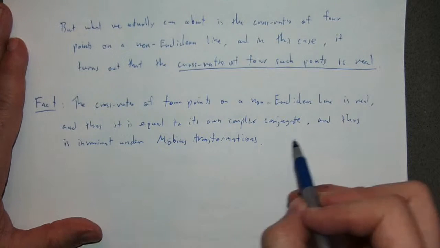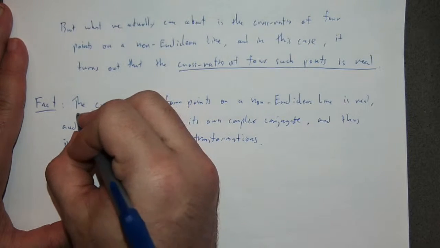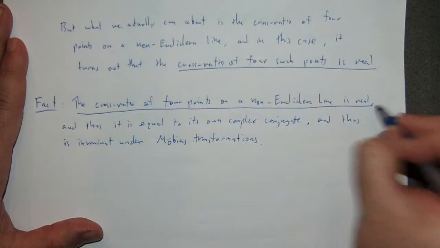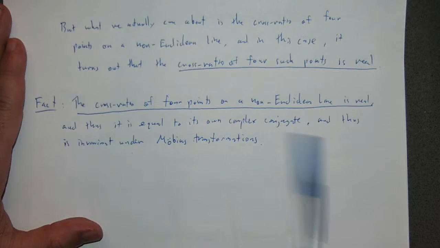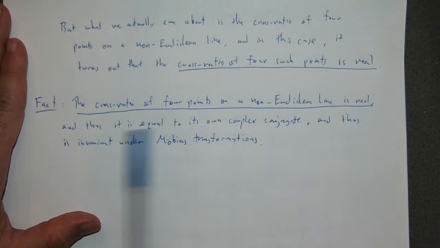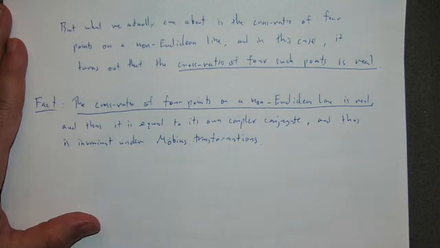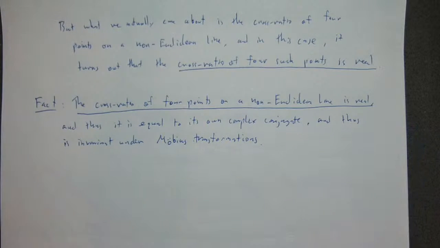Now, the part that I'm actually proving is that the cross ratio of 4 points on a non-Euclidean line is real. These others, there's nothing to prove here. If you have a real number, it's equal to its own complex conjugate. And by the previous comments, we had seen that the cross ratio was invariant under Möbius transformations, except the single type of Möbius transformation that involved this reflection, sending z to minus z bar.